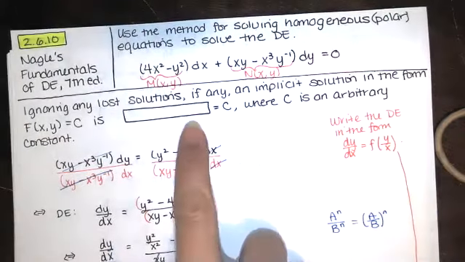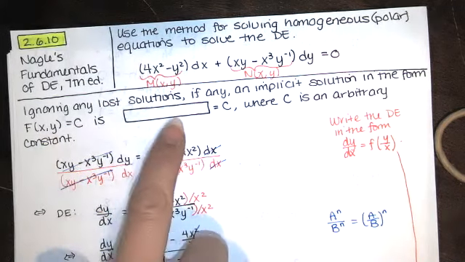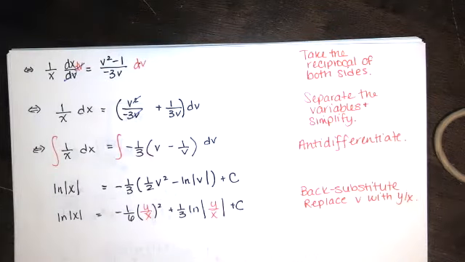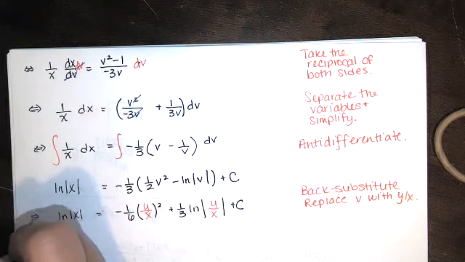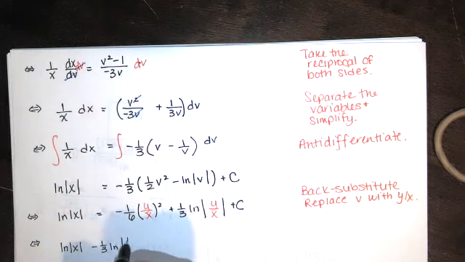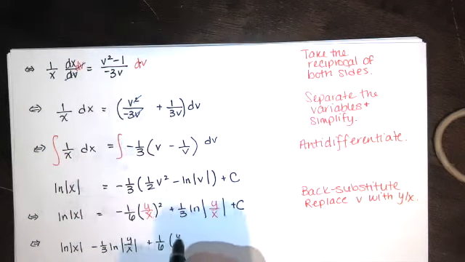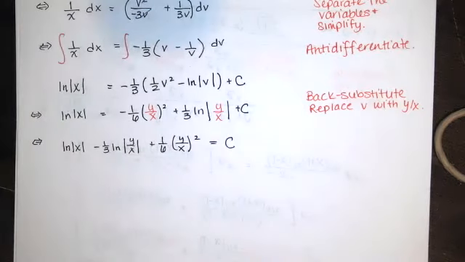We were asked to find a solution in this form. So we want just a function of x and y equals a constant as the solution to this homogeneous polar equation. So we can just move these terms to the other side. So that's one way of writing the answer.